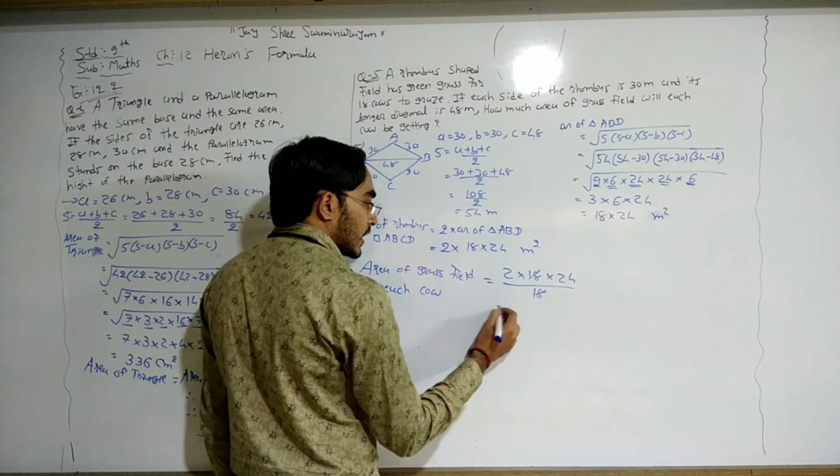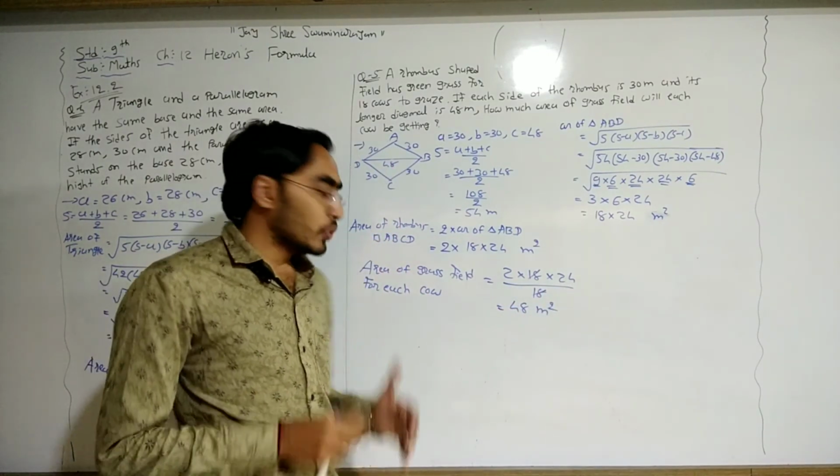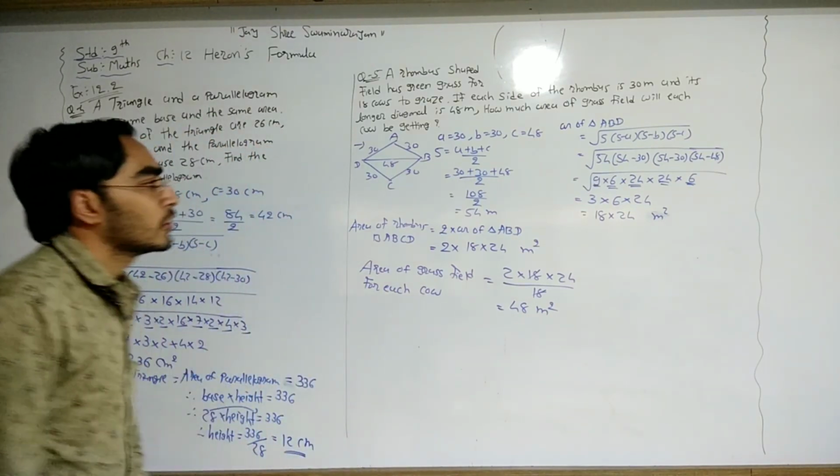Here 18 cuts, so 24 into 2 is 48 meter square. So each cow will get an area of 48 meter square.